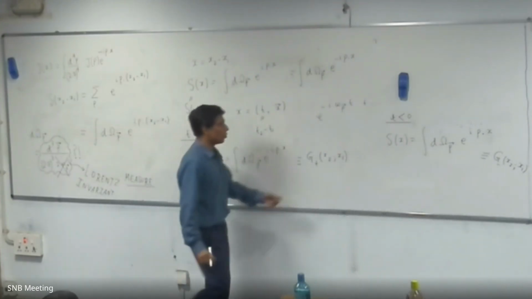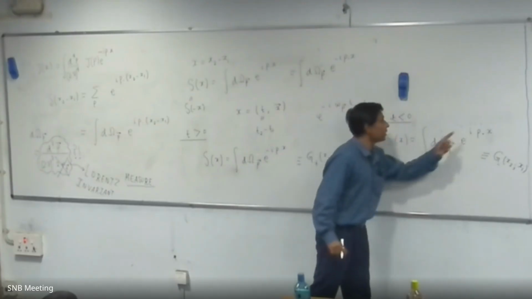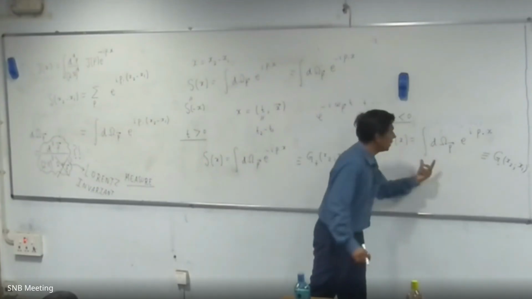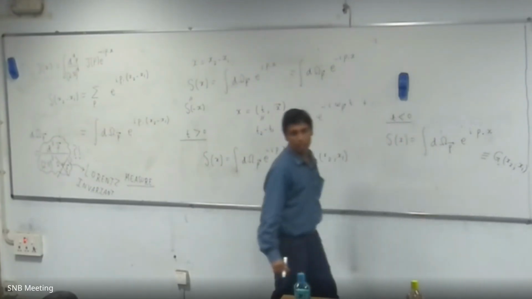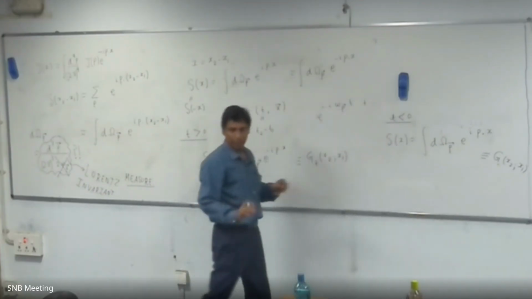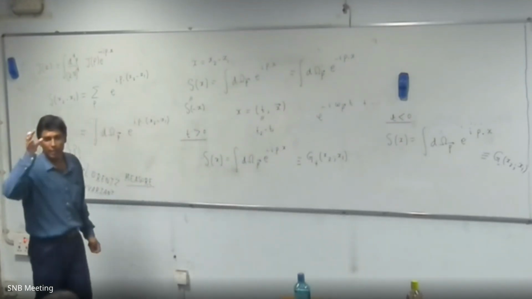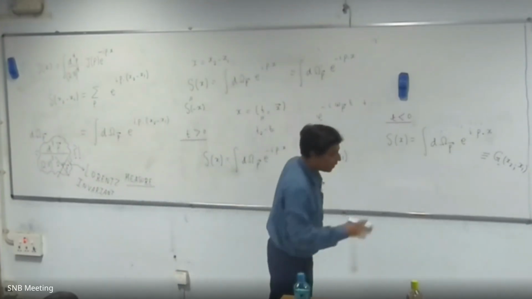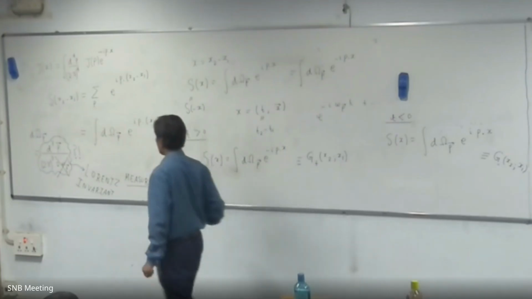You can actually show that s of x with plus i p dot x instead of minus i p dot x, with t less than 0, you can define it to be another Lorentz invariant amplitude, where g plus and g minus are actually different. This is just two-line algebra. If you want me, I can show you, or at the end of the lecture you can ask me, I can derive it for you.